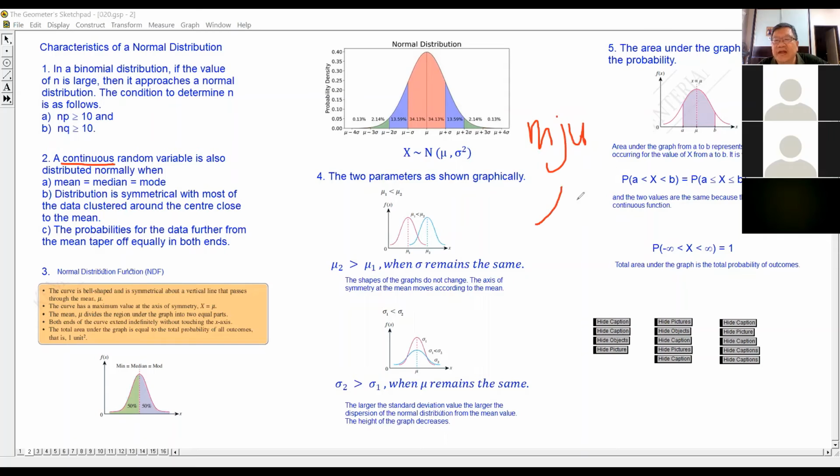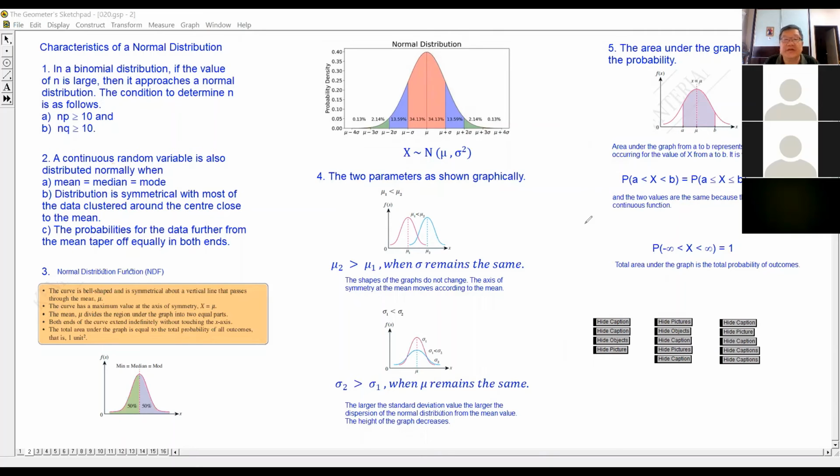Then this one, like the Chinese character, is called lambda, spelled L-A-M-D-A, lambda. So this is called mu.